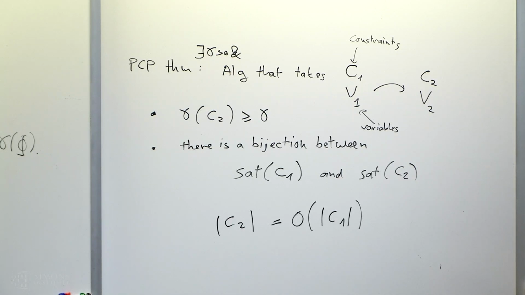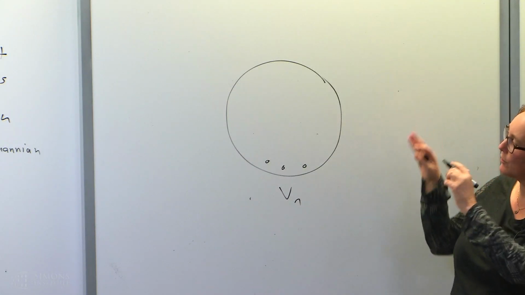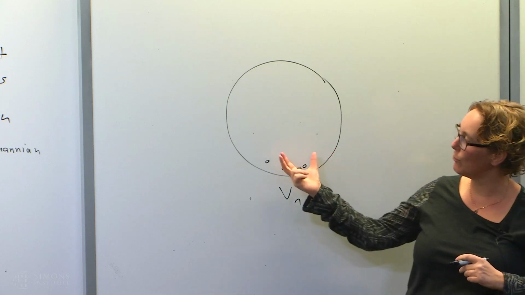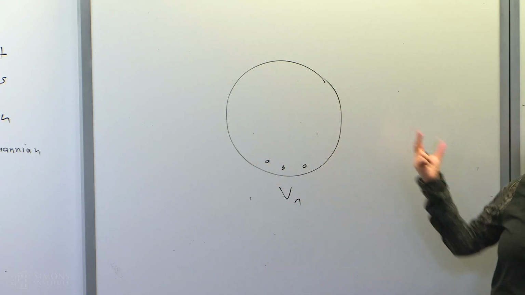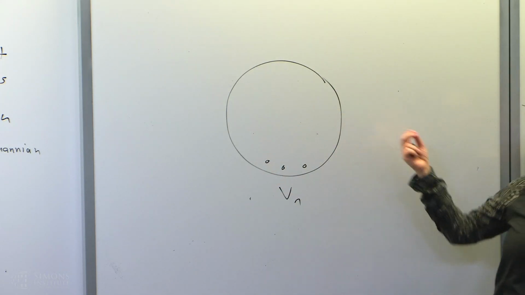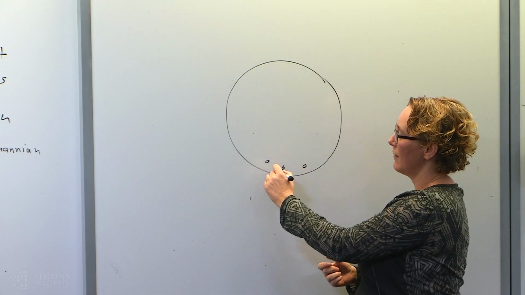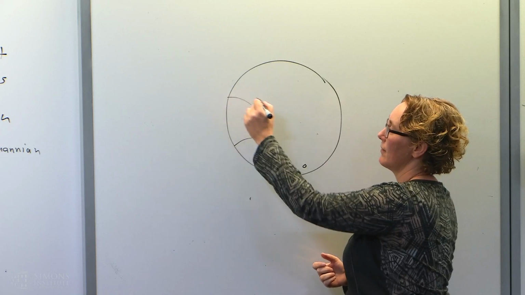okay. So now let's look at this system. So here is V1. I'm imagining V1 is just vertices, like I said before, and I'm not drawing them, but I also imagine the constraints as being some triples over here or something like that. And now I want to construct this algorithm, this transformation. And the way we do it is we will break this V1 into small pieces like this.